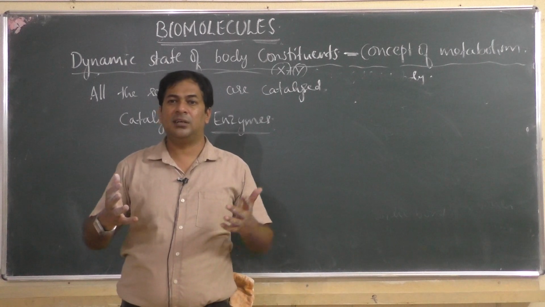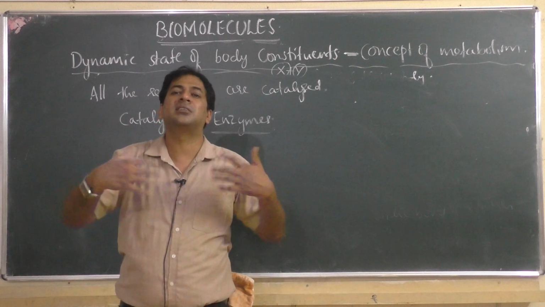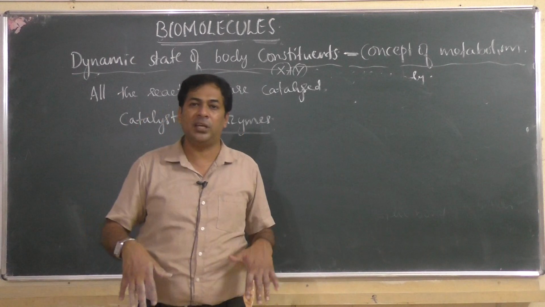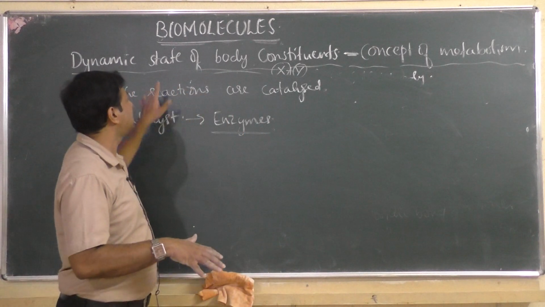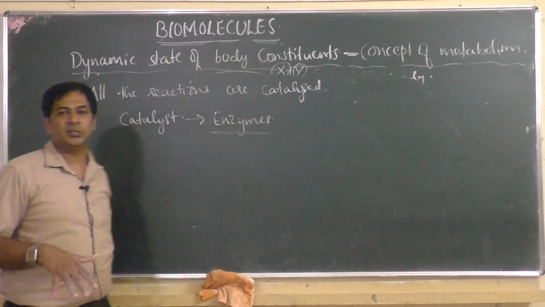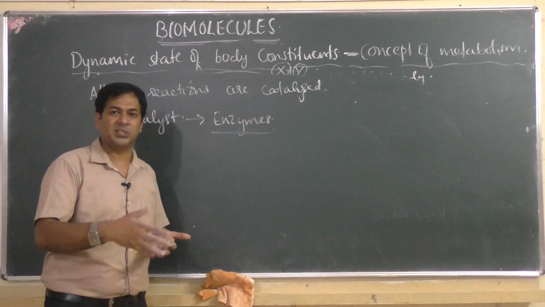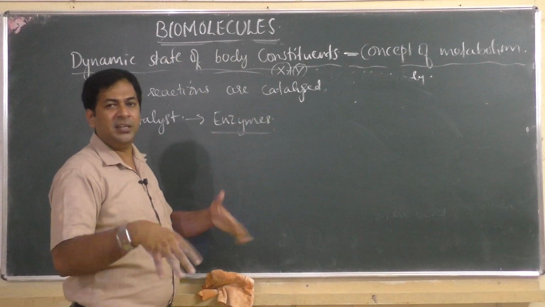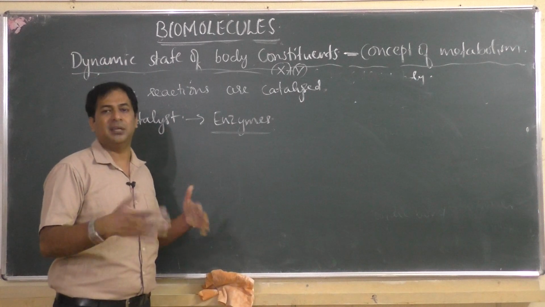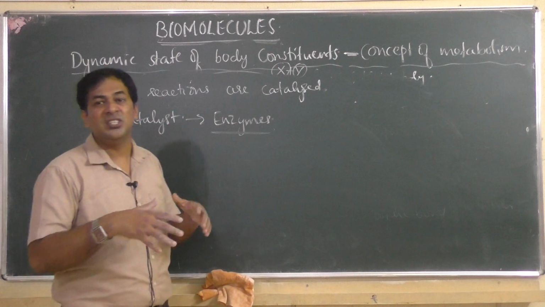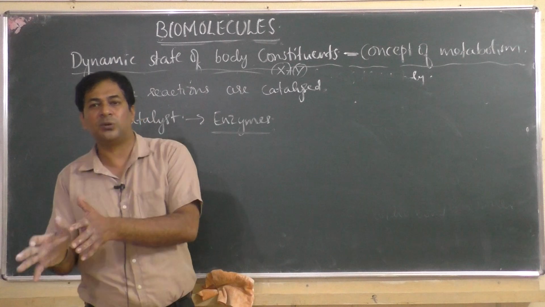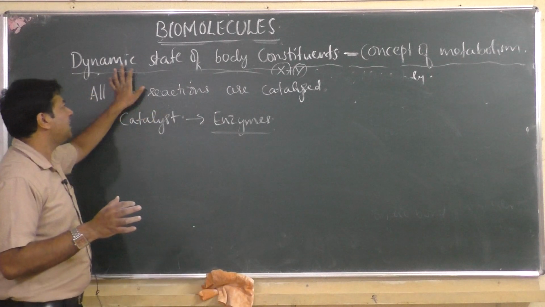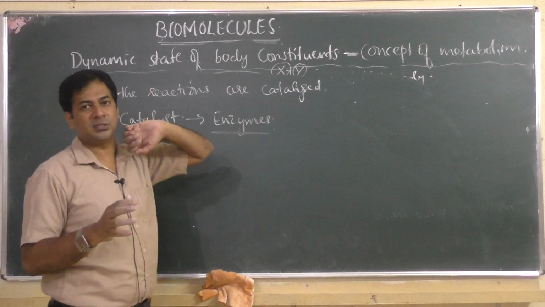And when many reactions are happening continuously in the body, that is called the dynamic state of body constituents. Where one biomolecule produces another biomolecule continuously, hundreds of biomolecules are changing from one state to another state. That is called dynamic state of body constituents.